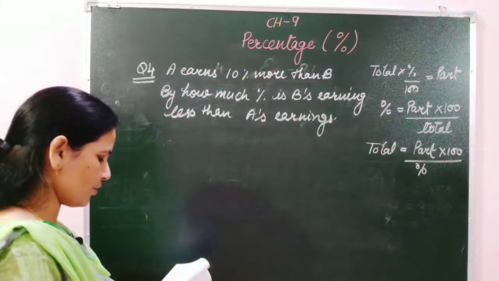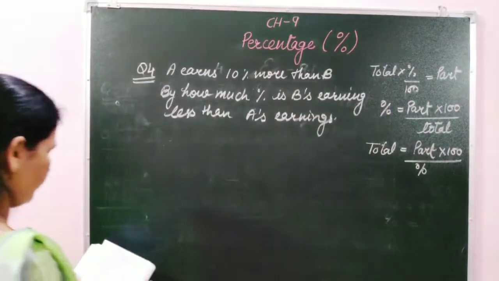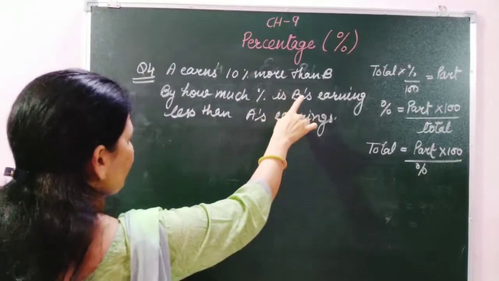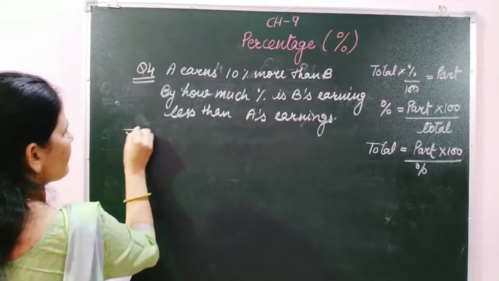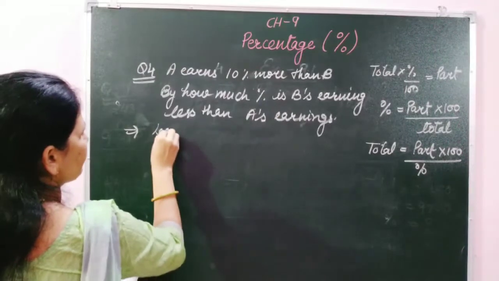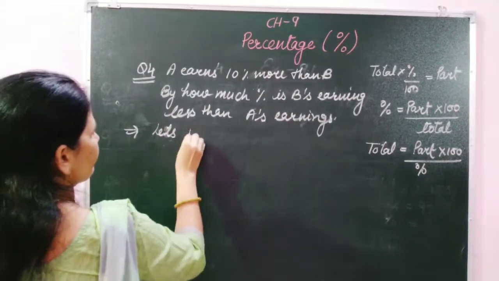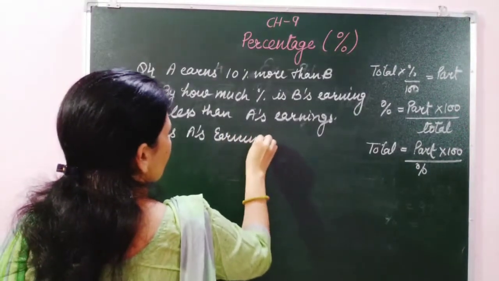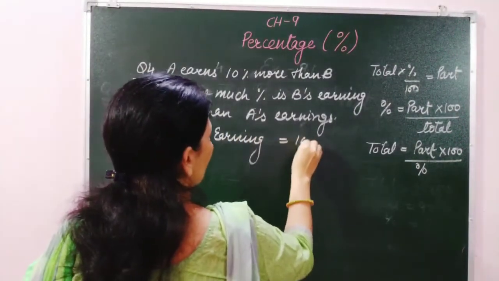So to solve this question students, first of all, here they have given more than B. So we will assume A's earning, we assume 100.